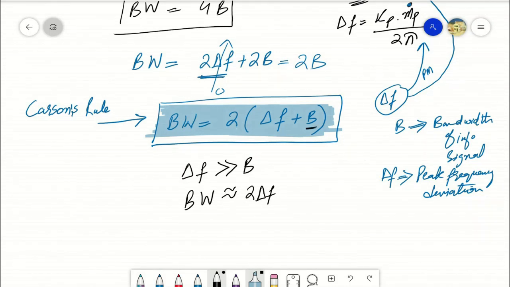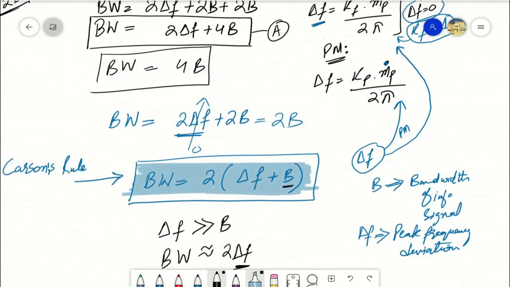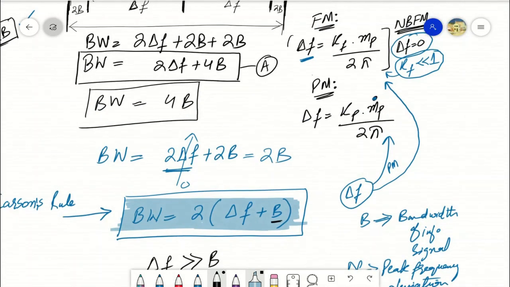Therefore, for such wideband signals, the prime influencing factor on the bandwidth is the peak frequency deviation, where in the formulas of peak frequency deviation for frequency and phase modulated signals, the influencing factors are scaling constants and the peak amplitude of information signal and the peak amplitude of derivative of information signal.